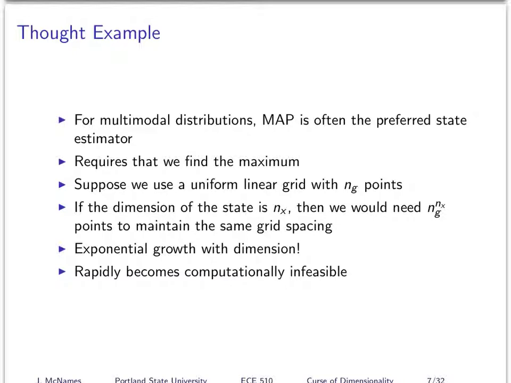If our state was just one dimension, you can imagine filling in 10 points along your grid, that I'm denoting as hash marks. And you might say, okay, 10 points is sufficient, if I'm just searching along one dimension, I'll find something that's close to the maximum.